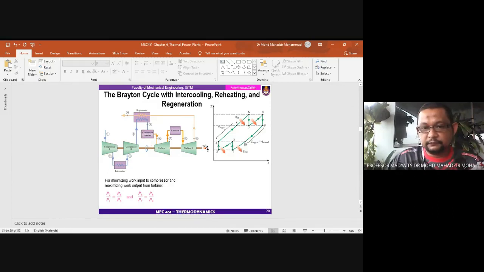After that, when it goes through the regeneration, heat is also regenerated in this process to the compressed air. Then at points 5 to 6, heat is also added here, and then the fuel is combusted in the combustion chamber.